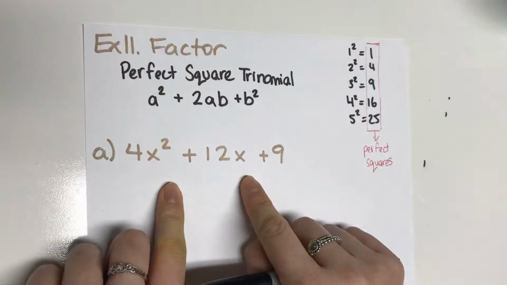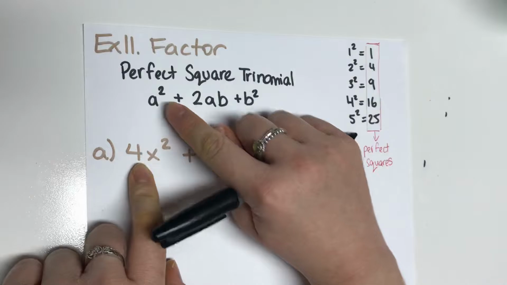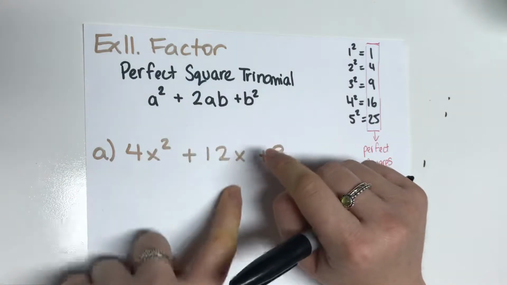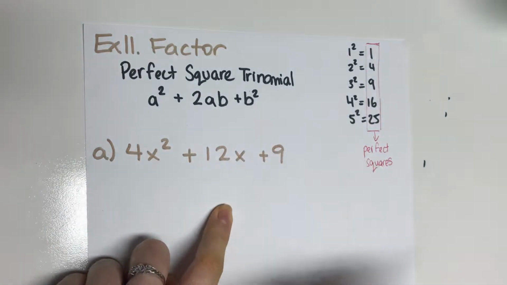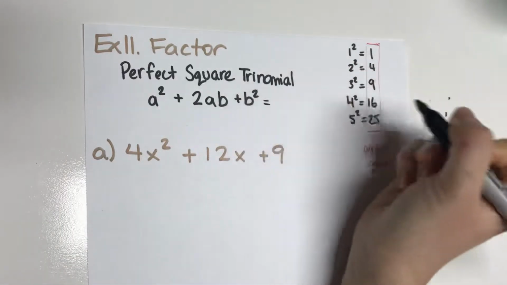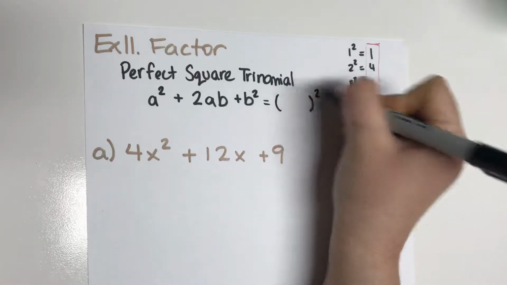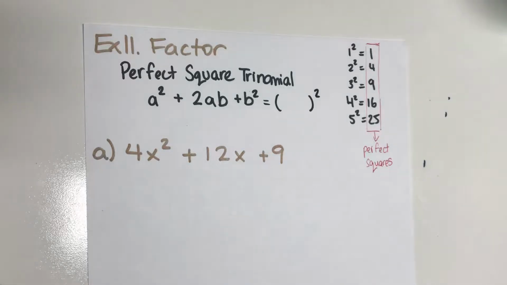So if I look at the example here, a squared would be the 4x squared. 2ab would be equal to 12x, and b squared would be equal to 9. When we factor it, we actually only get a single bracket and it's squared, so we have the same binomial multiplied by itself.